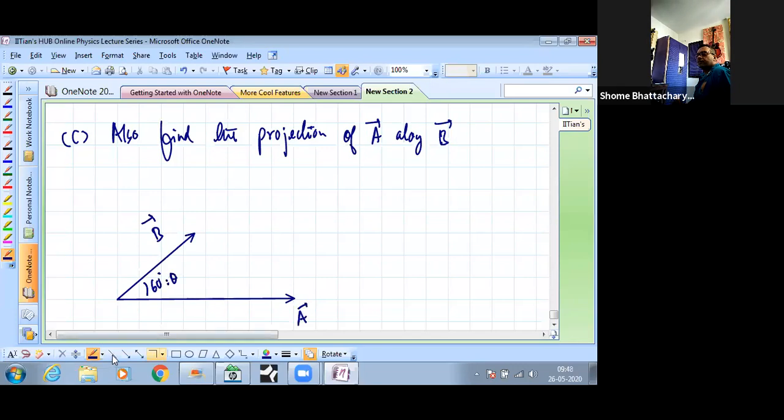Now what we are trying to find out is something different. This is the direction of vector B, and we have to drop a perpendicular from A onto B, not from B onto A, but A onto B, because A का projection निकालना है along B. So A से यहाँ एक perpendicular drop करना है. That perpendicular will look like this. Okay. So the projection of A along B will now become this one.